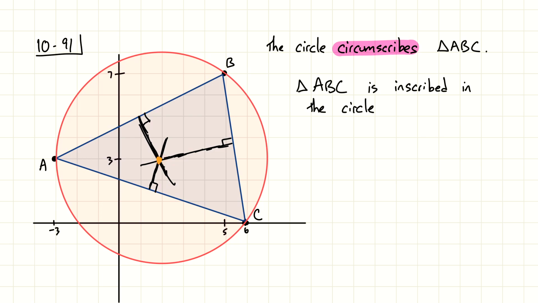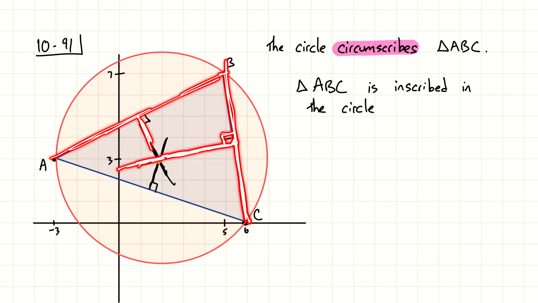And so what I did is I took, let's say, BC, and I found the midpoint, and I approximated the midpoint, and I drew a perpendicular line that goes across. And then I did the same thing with line AB. I approximated the midpoint, drew a perpendicular line, and the same thing with AC. I found the midpoint and a perpendicular.